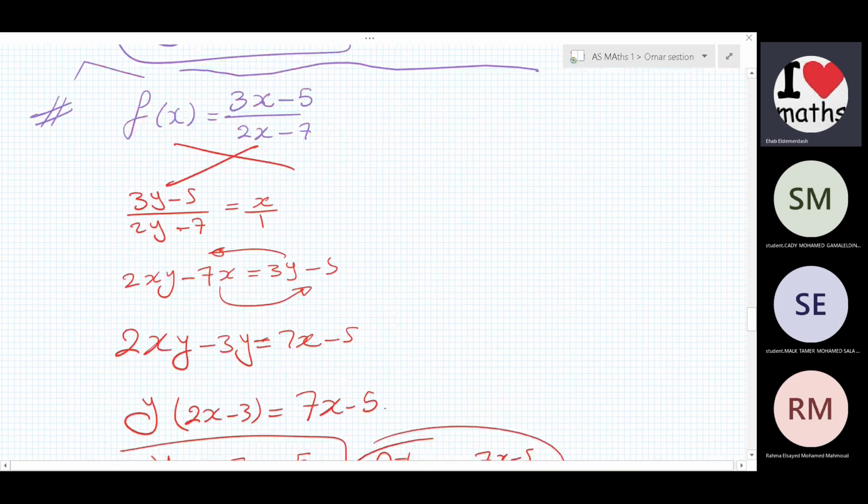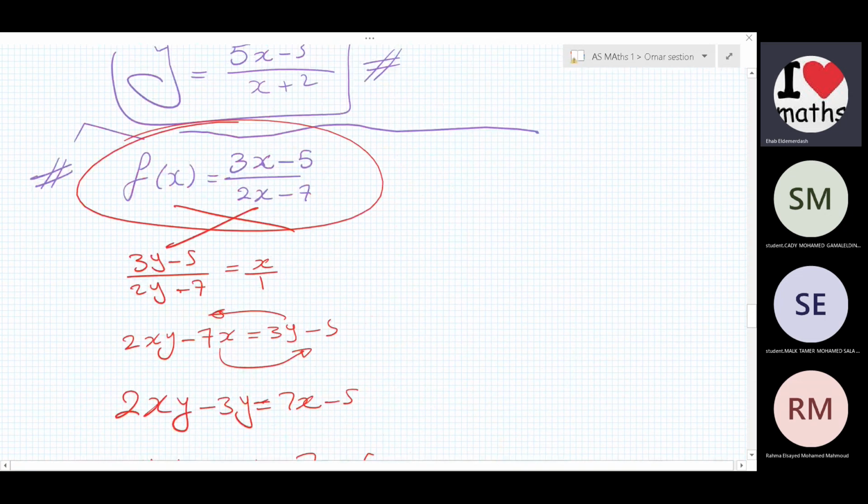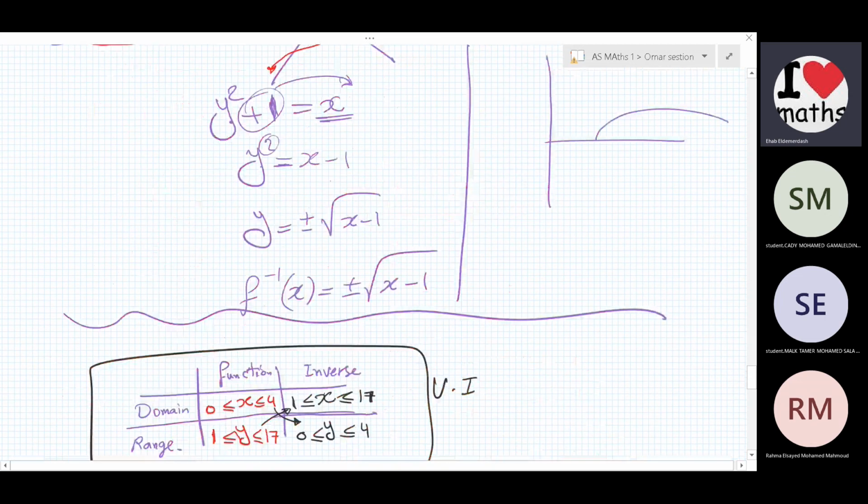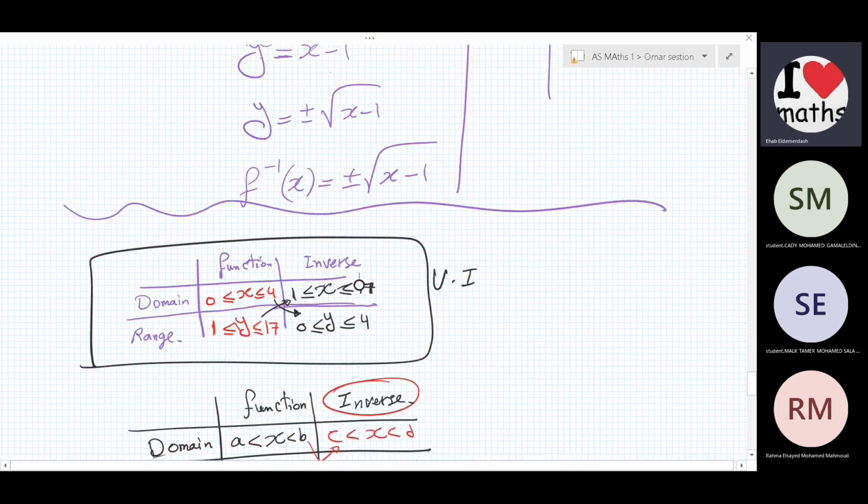Any question of this type comes, for example, from 2000 to 2015 or 2016, something like this. Starting from 18 and above, most of the questions connected to the inverse come into this area.